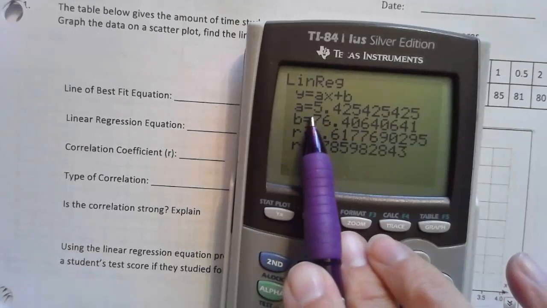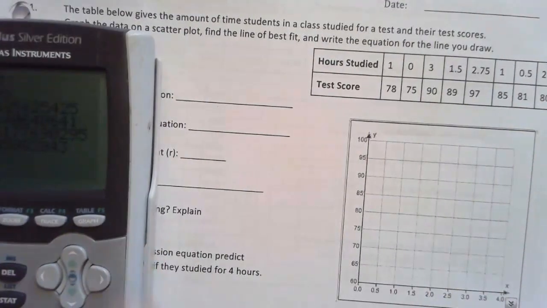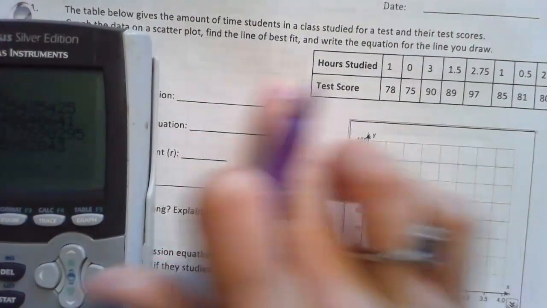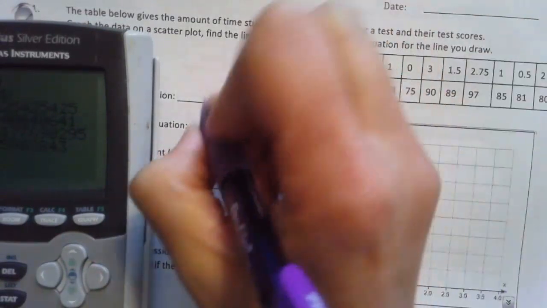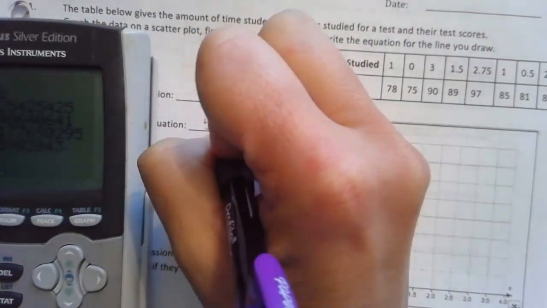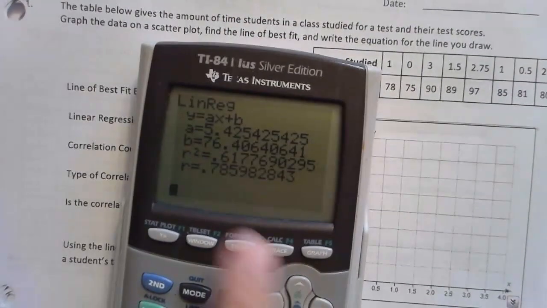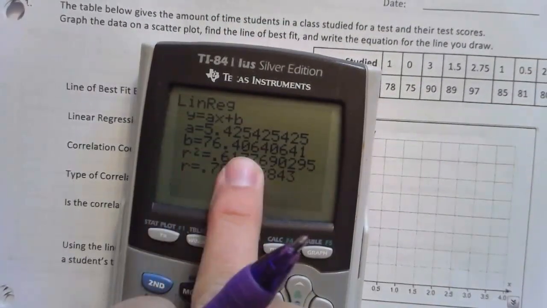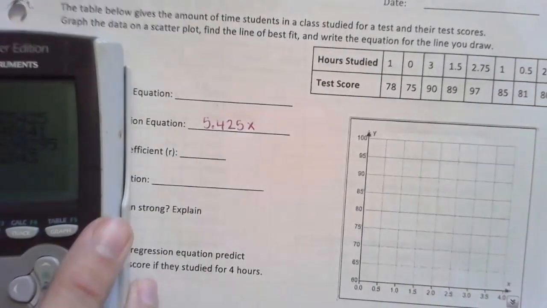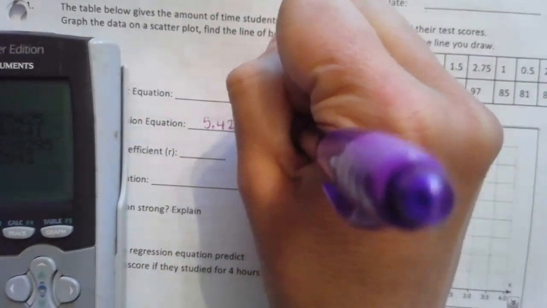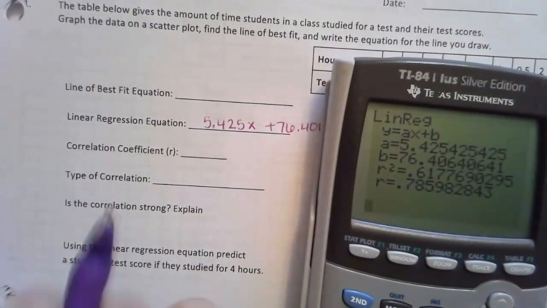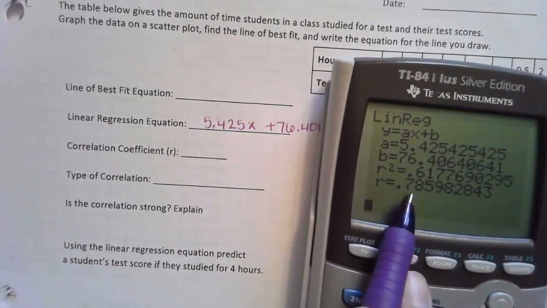So we see that the slope is 5.425. Again, we're not doing the top line right now, we're doing the second line. And then the y-intercept is the b-value, so 76.406. Remember that the r value is not r squared, it's r.